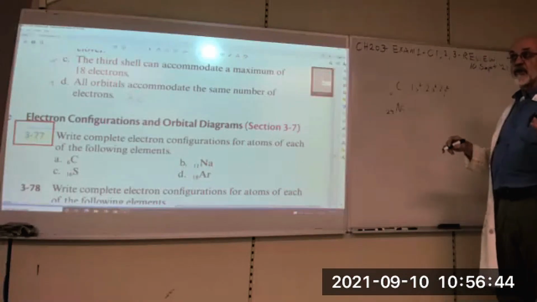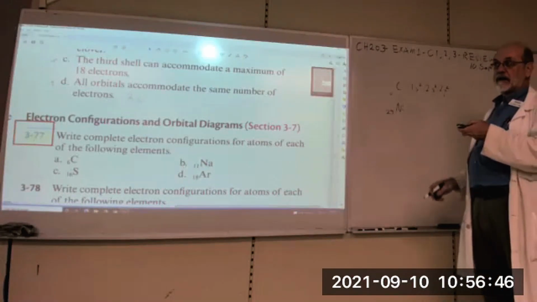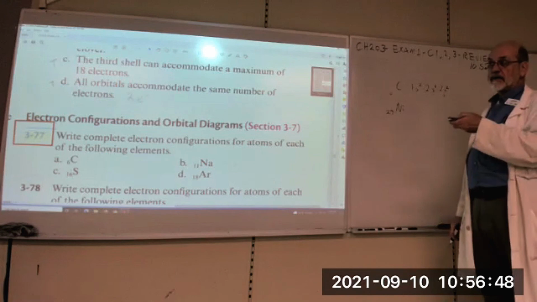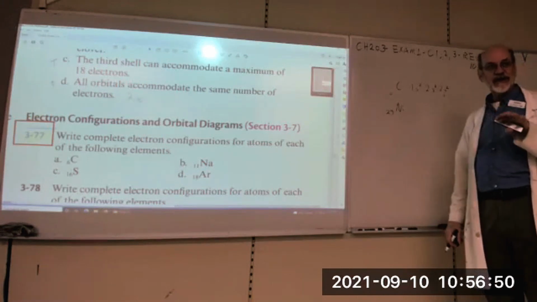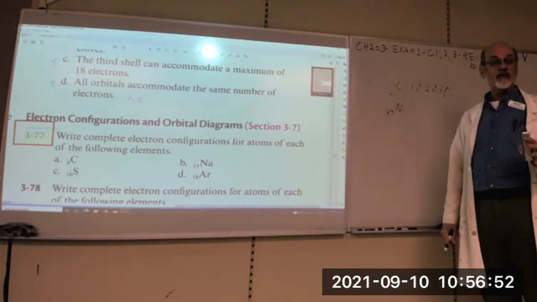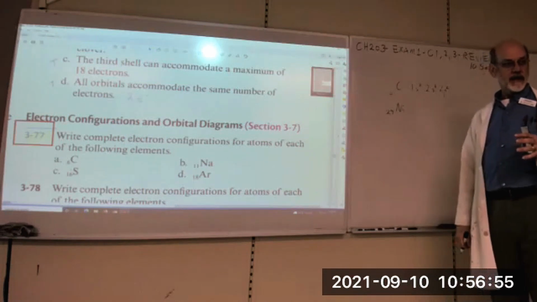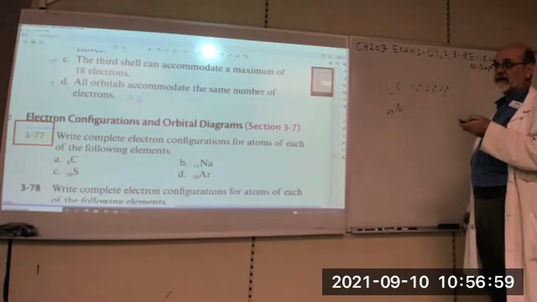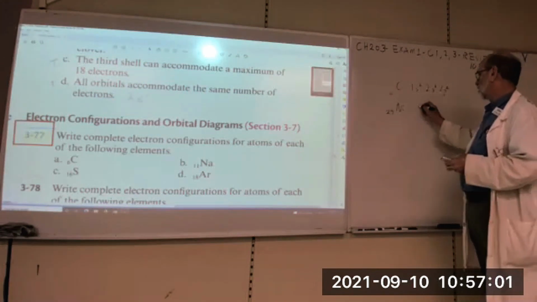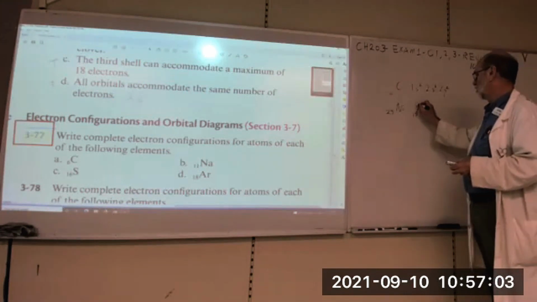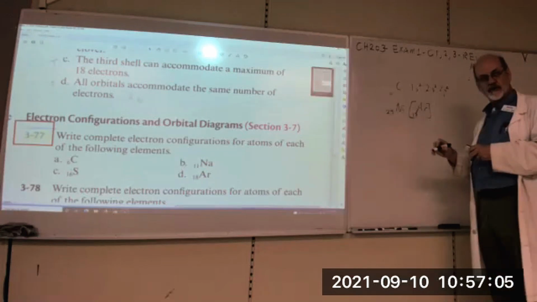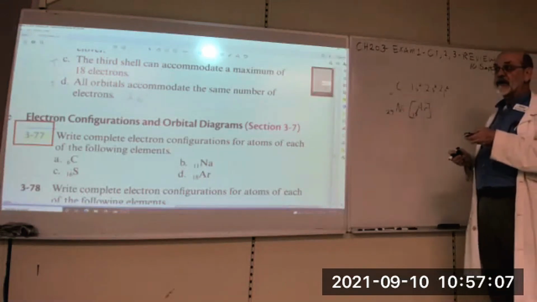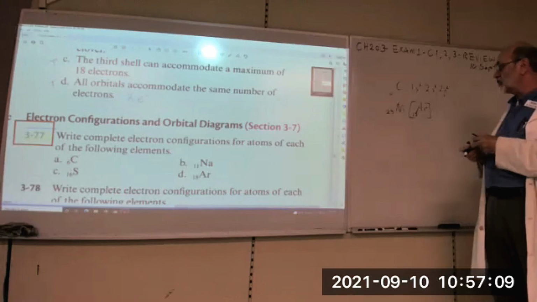And we can use shorthand here too. Noble gases are complete. That's why they don't react with anybody. They have complete orbitals. So if you go back to argon, argon 18, as your base, that's your starting point. Then you can go from here and then go down to here and say 4s2.